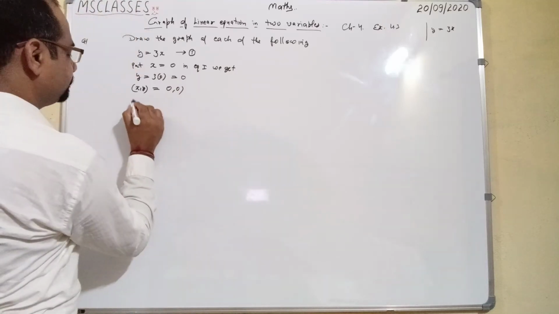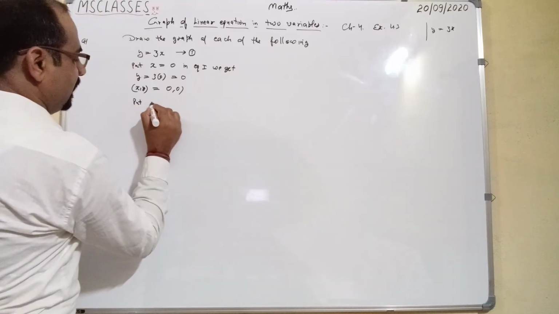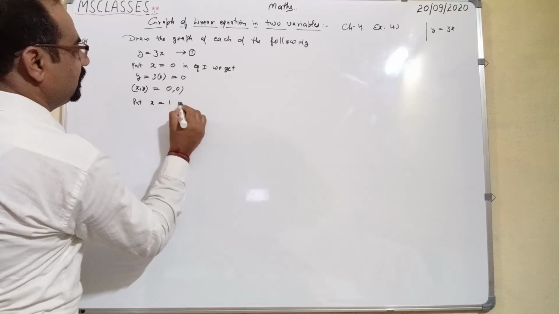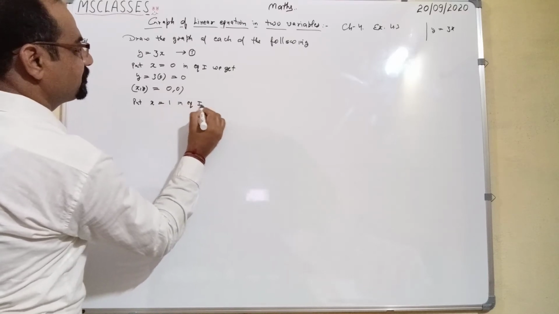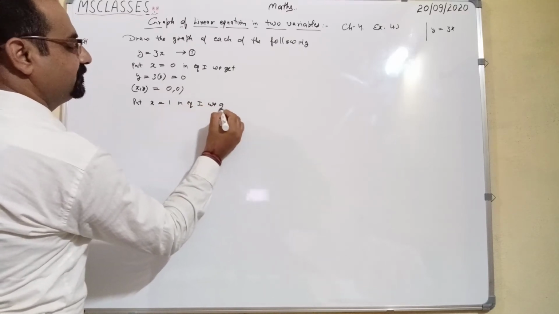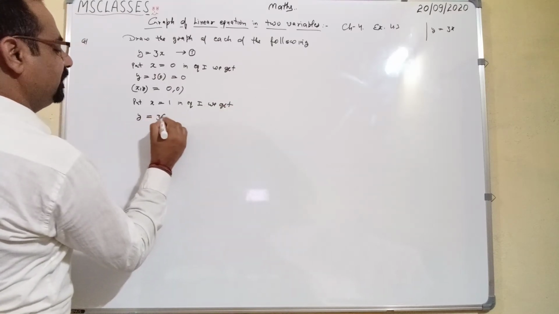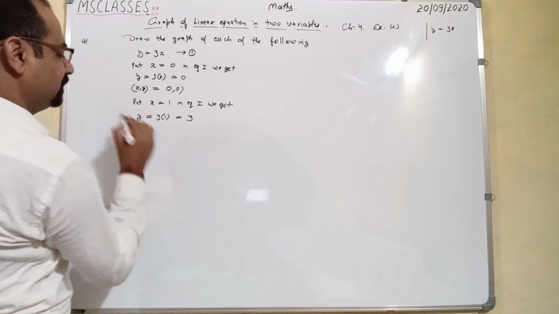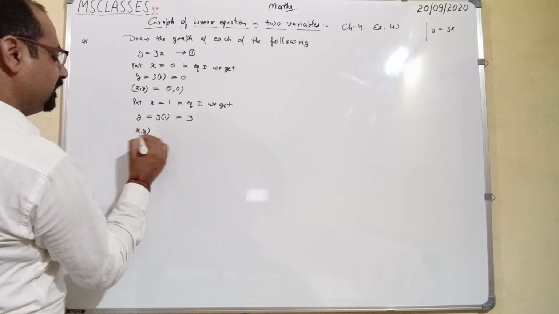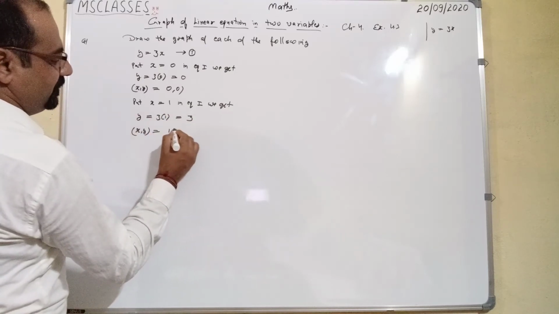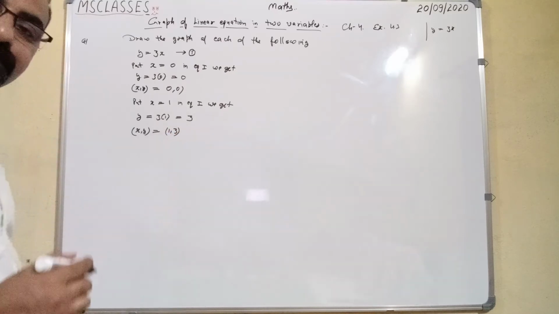Now put x is equal to 1 in equation first. We get y is equal to 3 into 1 is equal to 3. So the second coordinate is 1 comma 3.